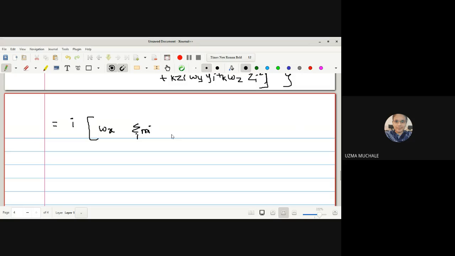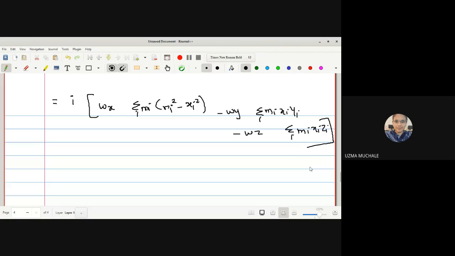Mi was outside and now I can take it inside. If wx is common, if mi is also common, we remain with ri square minus xi square, minus wy summation over i mi xi yi, minus wz summation over i mi xi zi. As wz I am writing outside since it is independent of summation over i.